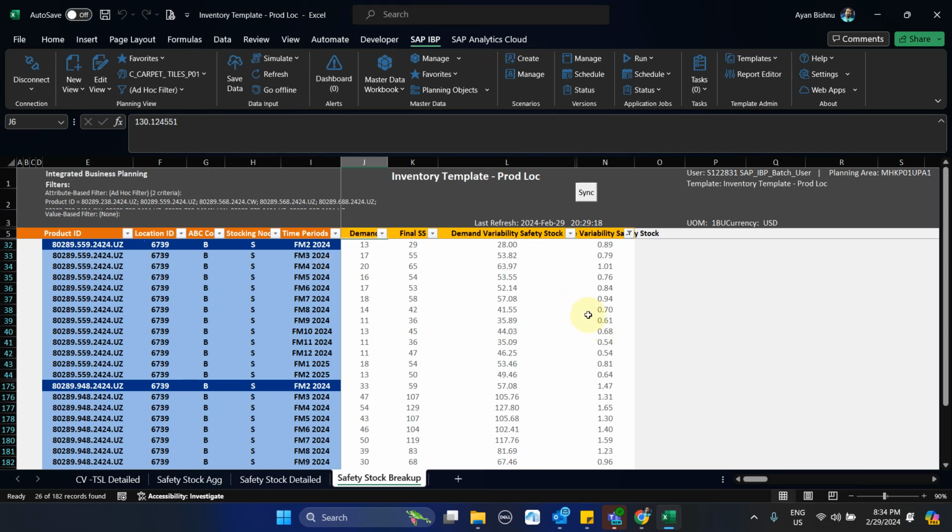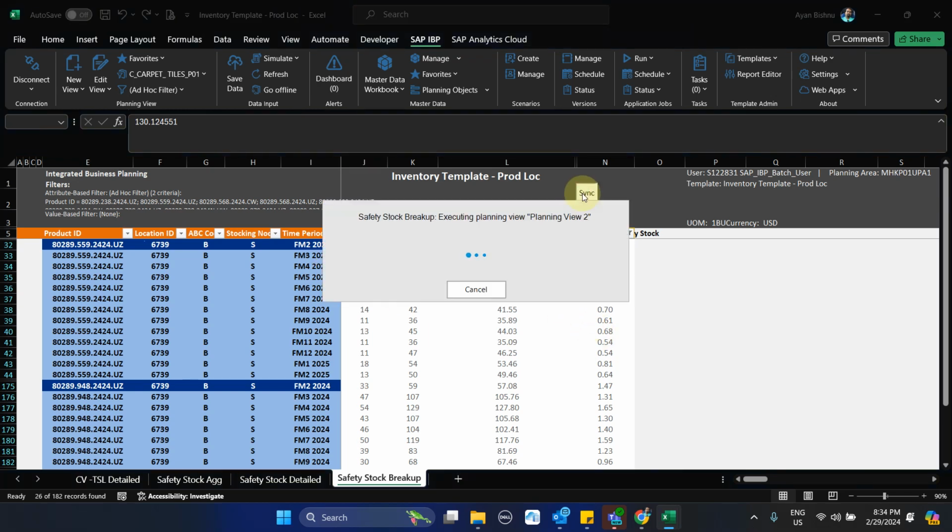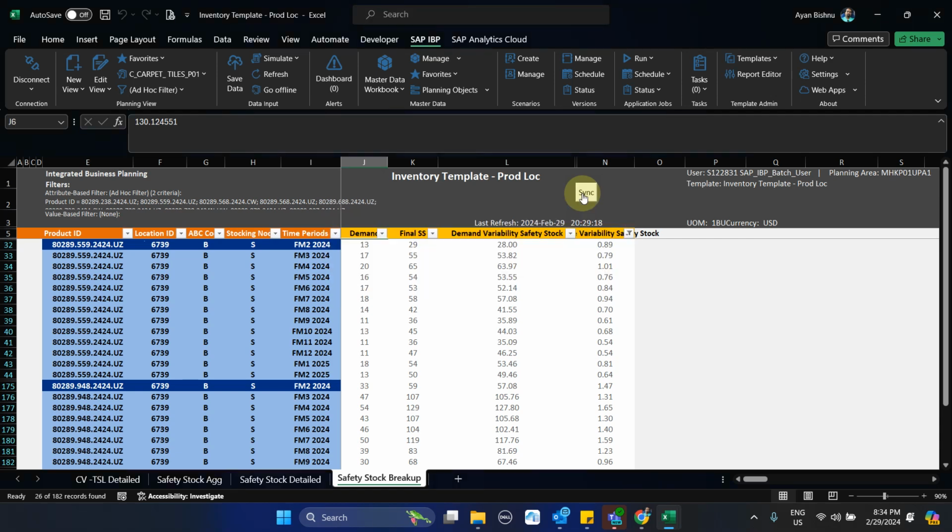So here, if you see, for this product at month 3, I have a final safety stock generated of 107.